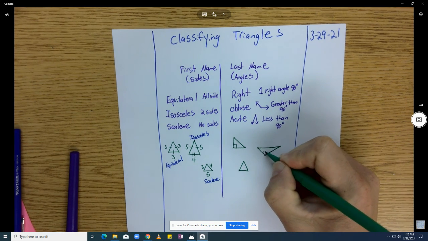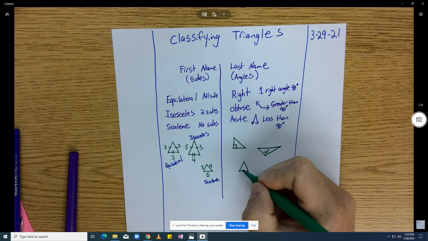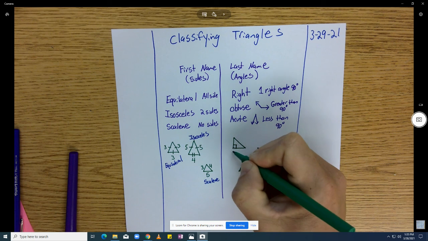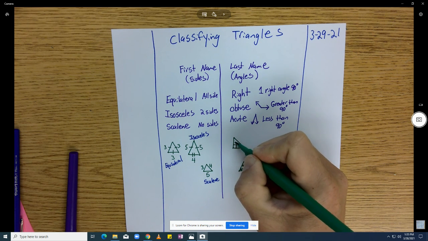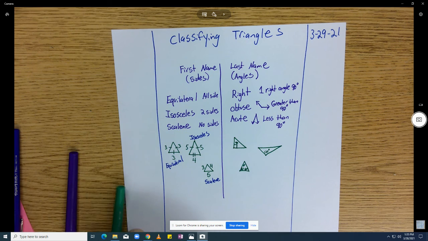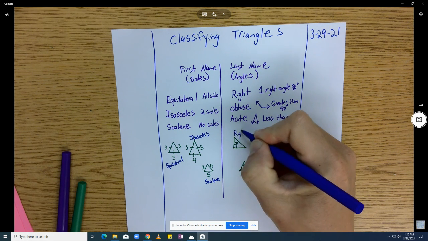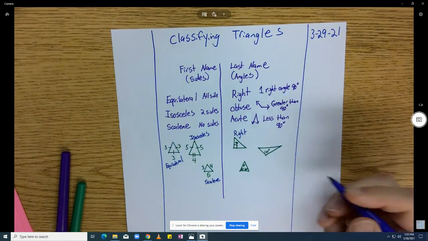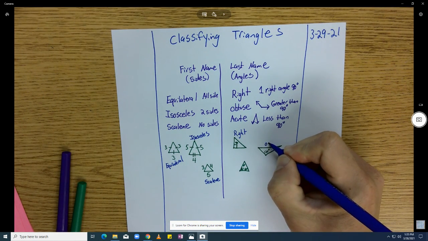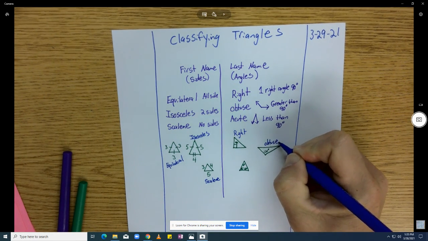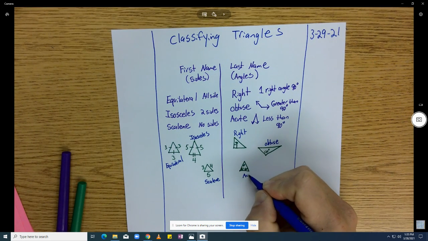Let's go 120 degrees. And this one, we'll say these are all 60, 60, 60. And this one has one that's 90, right? Sorry if that's too small, but you get the idea. So here we have right, we have obtuse, and we have acute.